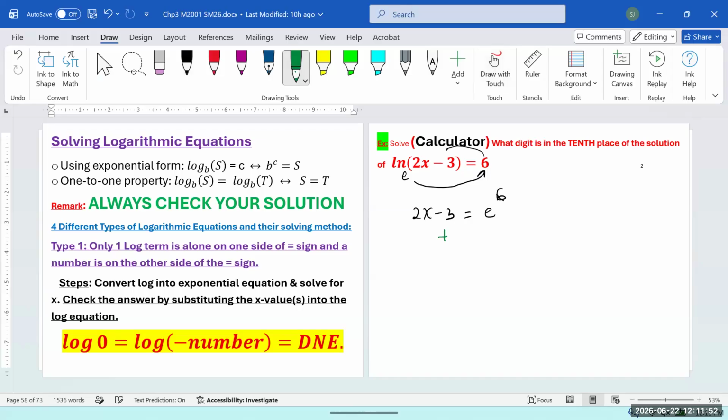Add 3. And then the last step, divide by 2. So we have x equals e to the 6 plus 3, divided by 2. You punch it in a calculator and round to the nearest tenth.